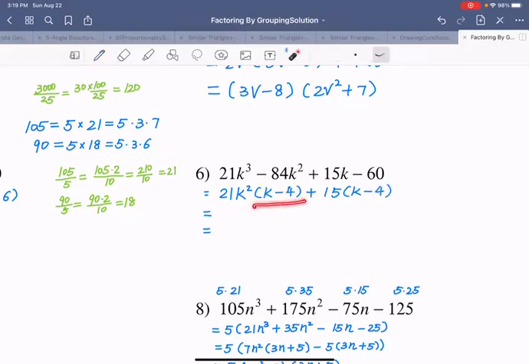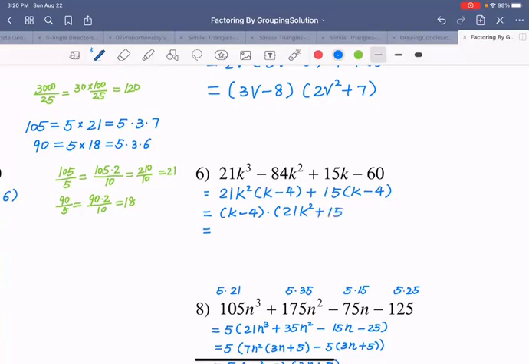Now you have k minus 4 here and here. Can you take out k minus 4 times 21k squared plus 15?